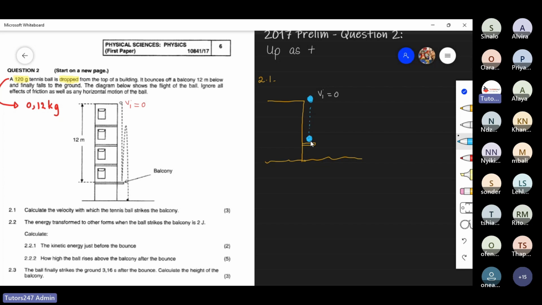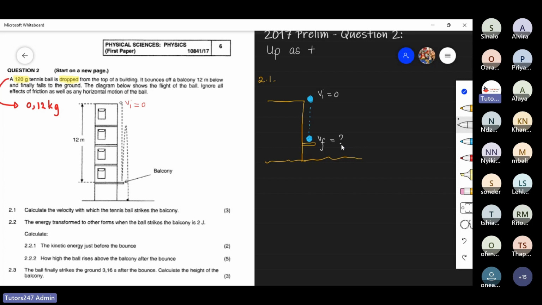I'm not going to continue with the rebound because that is all we need for now. We only need from the time it is released or dropped until the time it hits the balcony, because this is the velocity that we are looking for. We are looking for the velocity with which this object hits the balcony. Now, because I've taken upwards as positive, my ball is going downwards.